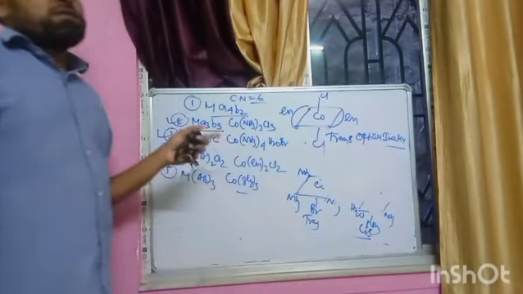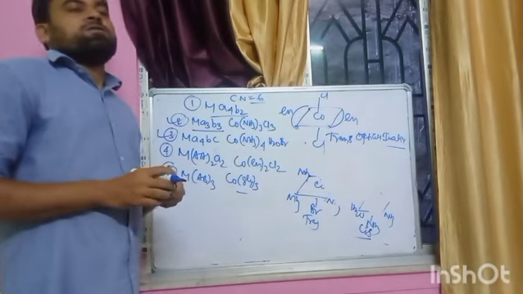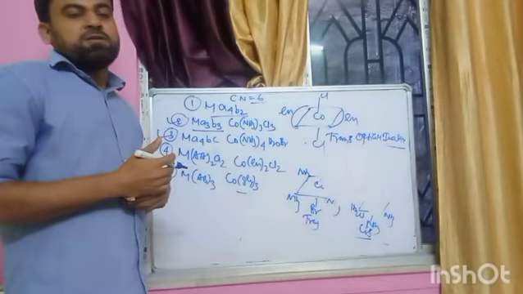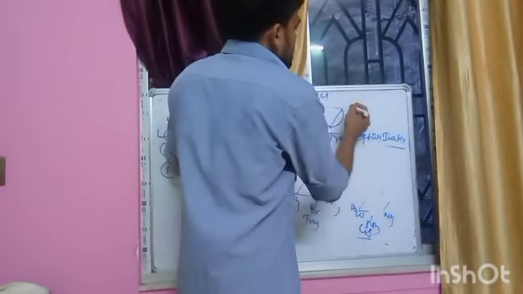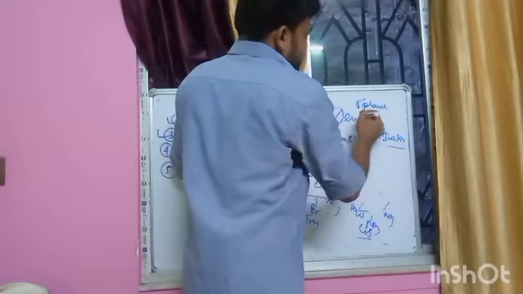Whether it is optically active or inactive: in class 11 we generally learn that a chiral carbon present means optically active, but the major important part is whether a sigma plane or plane of symmetry is present or not.